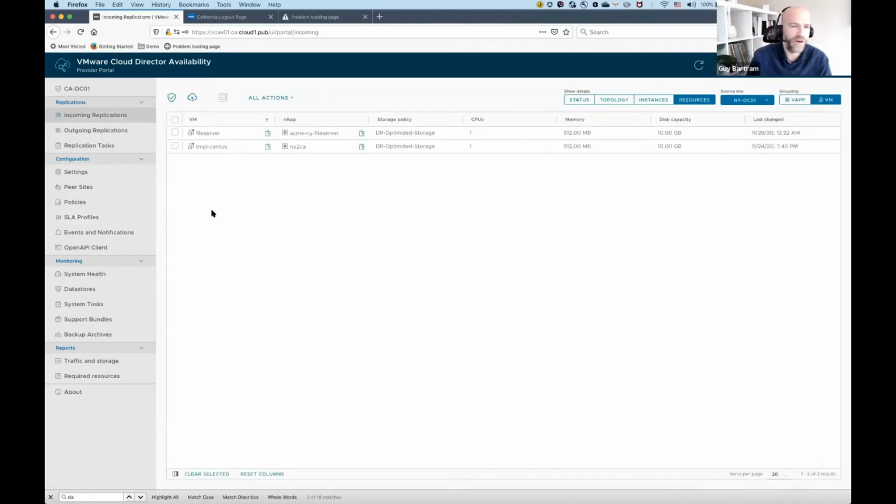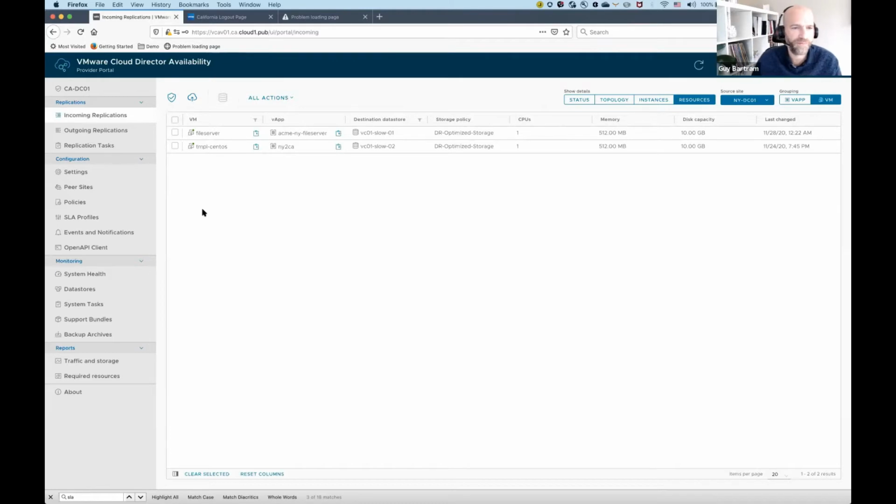So now if I'm a tenant in my tenant org, I can create a replication and I can select the gold, silver, bronze, if I've assigned all three to my org. I can set those based on the criticality of that VM. So if it's a high criticality VM, business critical, then I can assign it the gold service.